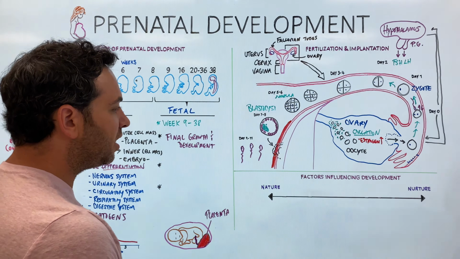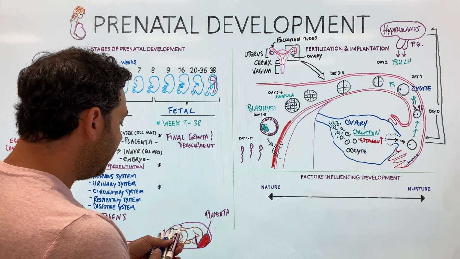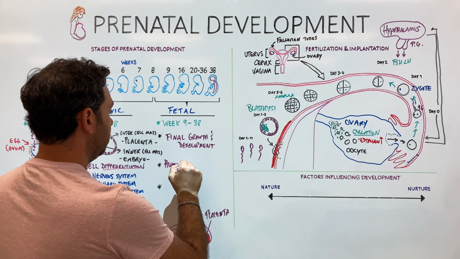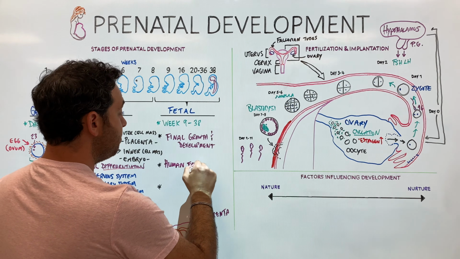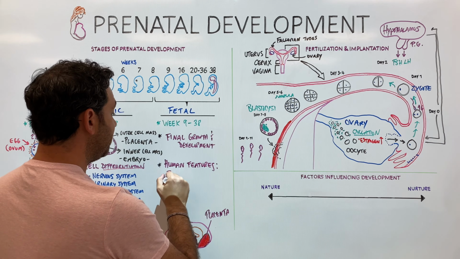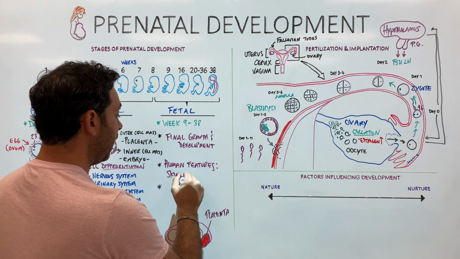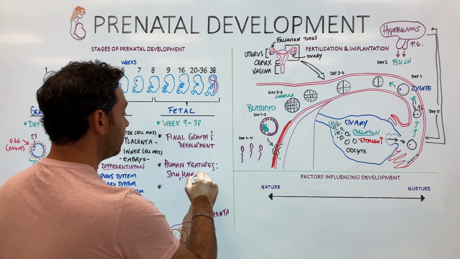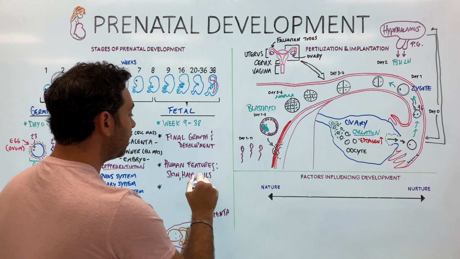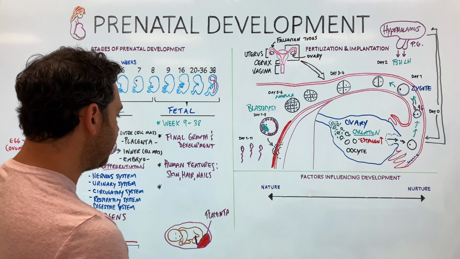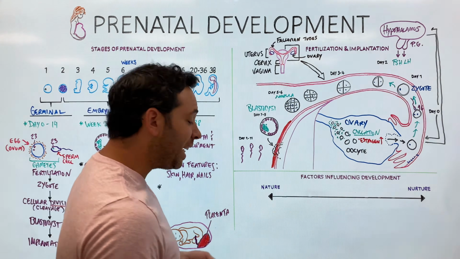Now, other things that might develop during this stage is human features. In other words, the things that make us look human, right? Besides just final growth and development, skin is going to develop, and hair, and nails, right? So everything that's going to make us look human is going to develop as well. And the final thing I'm going to write down is the baby is actually very active.